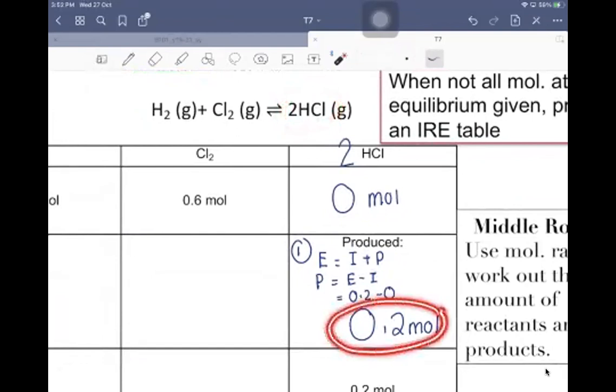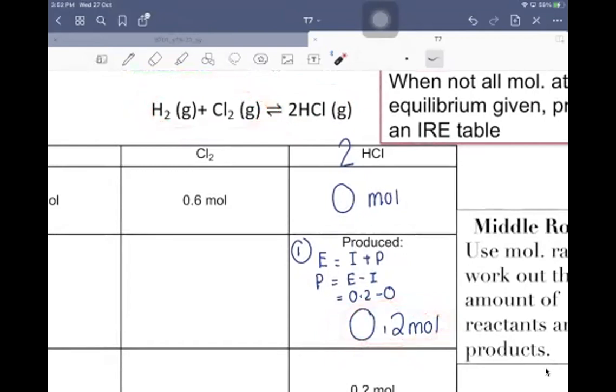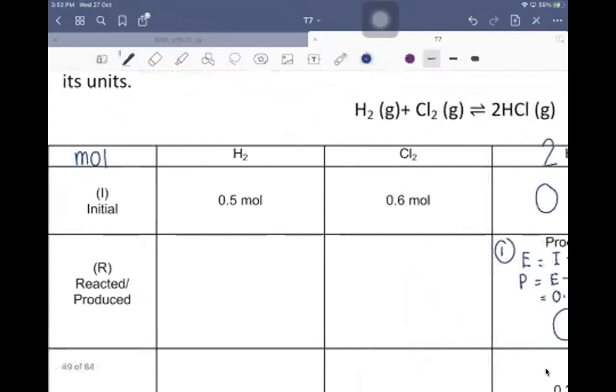Now, in this case, the equation can actually tell us that if I know how much product is produced, I can find my reactants using mole ratio. So this middle row is special.